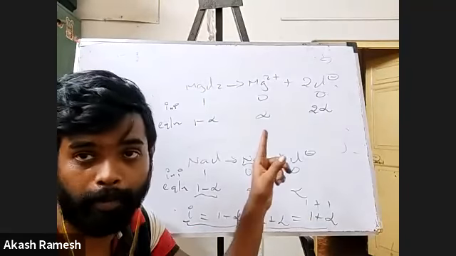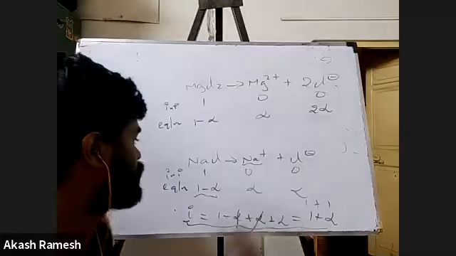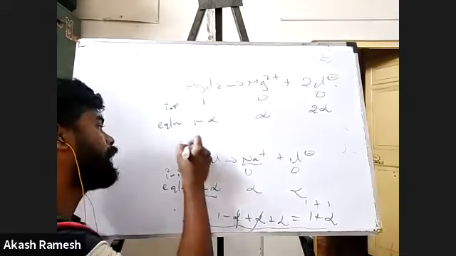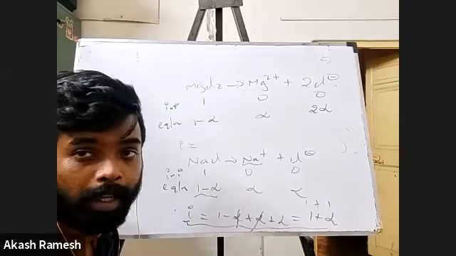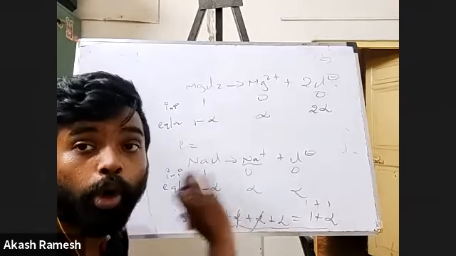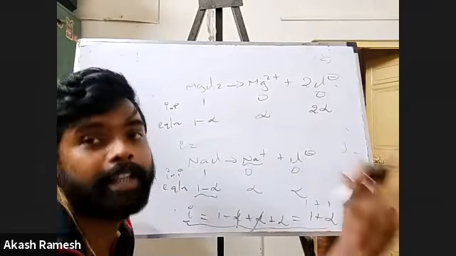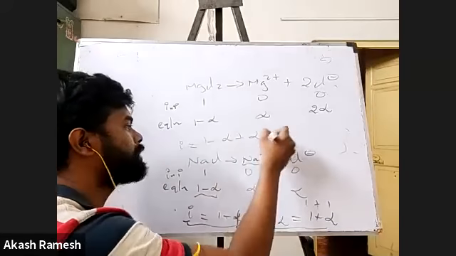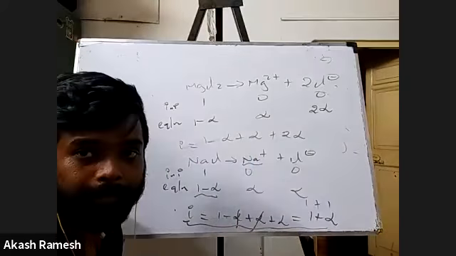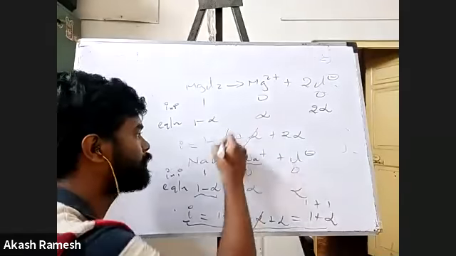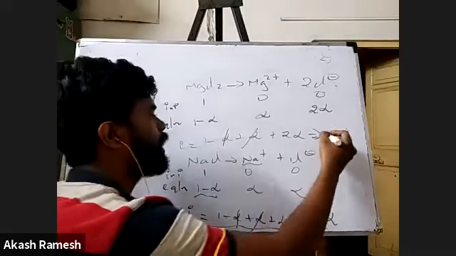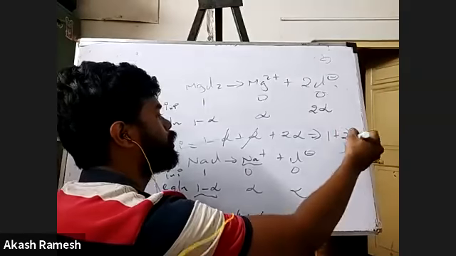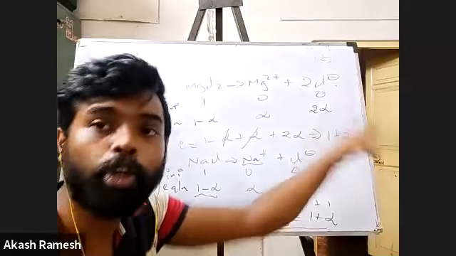Be very careful with this. Now I can calculate the i value, the total number of moles at equilibrium. So you sum up all of these: 1 minus alpha plus 2 alpha plus alpha. The i value in this case will be 1 plus 2 alpha.